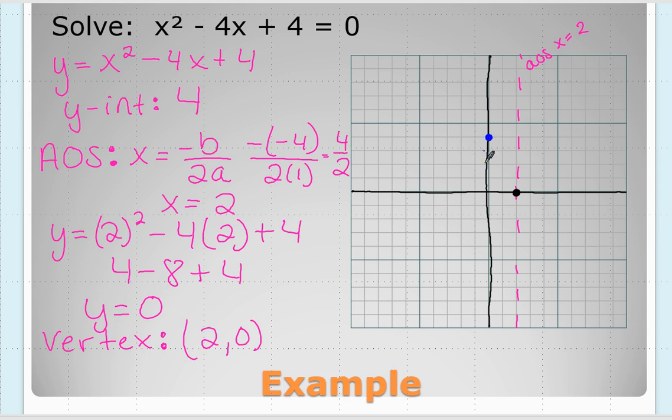I'm going to mirror that point over my axis of symmetry and graph my parabola, or quadratic. So I know that my solution, or root, is at 2, because that is the point in which my graph crosses the x-axis. So this has one solution, or root, and it's going to be at the point 2.